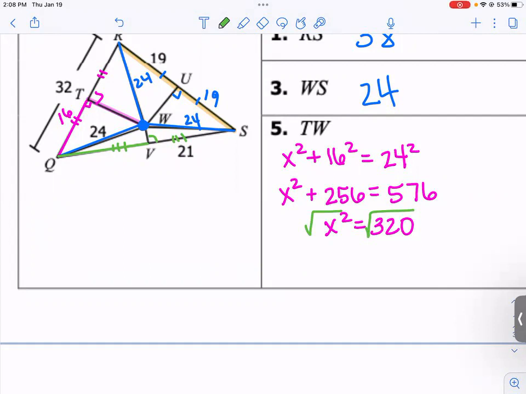17. I got error. Error. So clear it out. What does second mean?